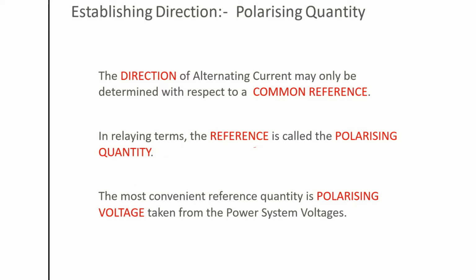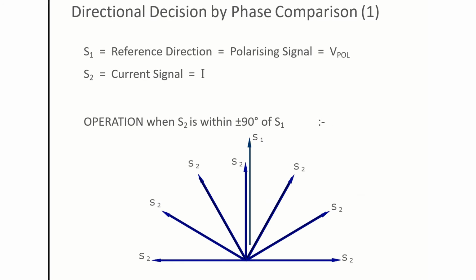In power system relaying, the most convenient reference quantity is polarizing voltage, which is taken from the power system voltages. Now, what is the meaning of this polarizing quantity? Suppose we want to determine the direction of S2. S2 is any signal, suppose this is a current signal.